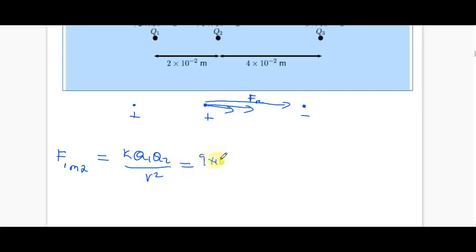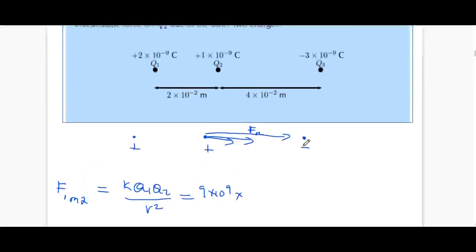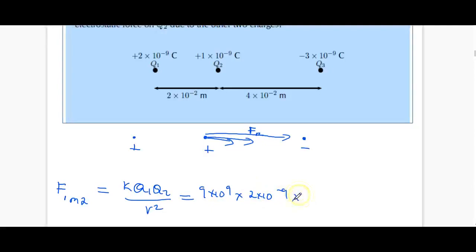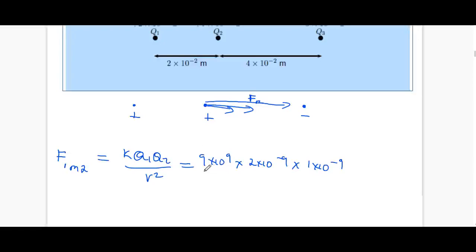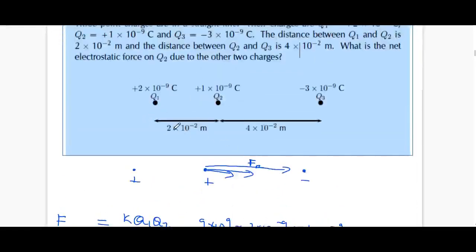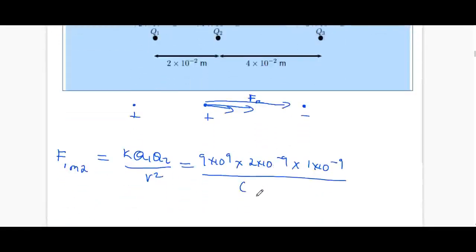So 9 times 10 to the power 9 multiplied by Q1. How much is Q1? Q1 is 2 times 10 to the power minus 9, multiplied by Q2, 1 times 10 to the power minus 9, divided by the square of the distance between Q1 and Q2.